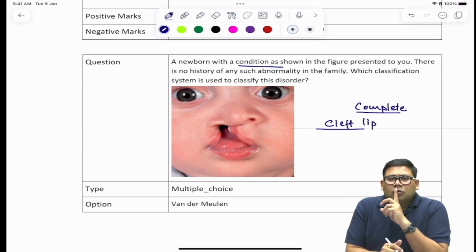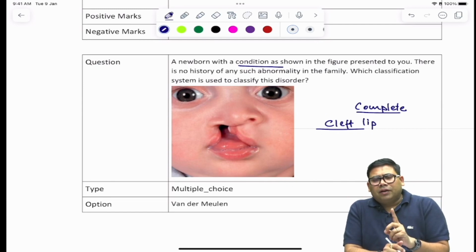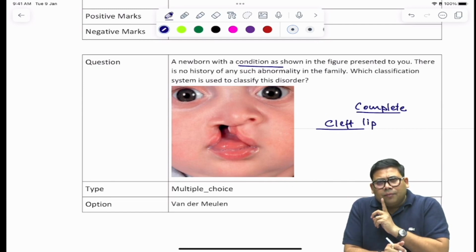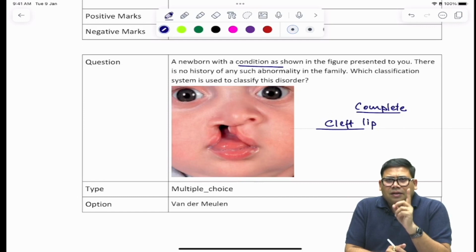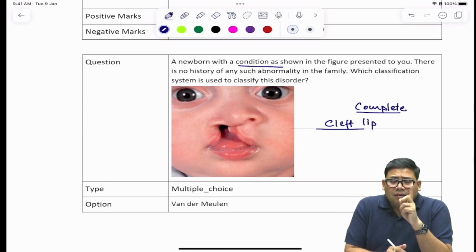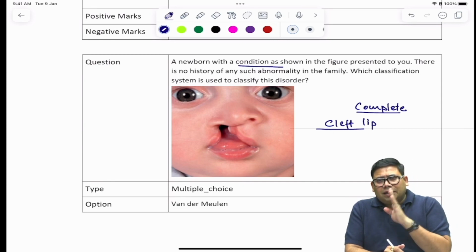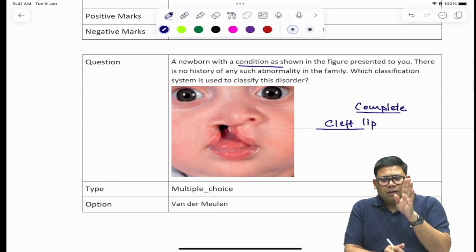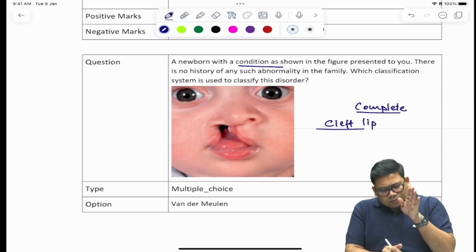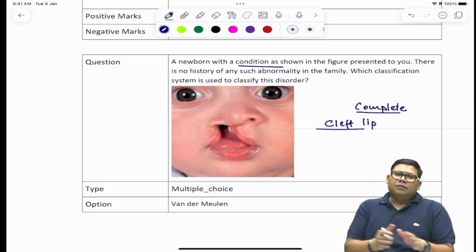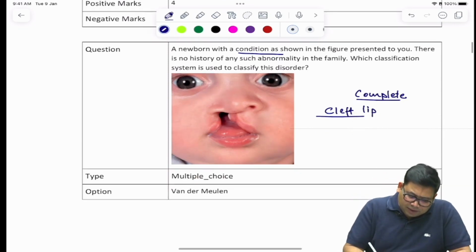A cleft lip which is not going into the nasal cavity is an incomplete cleft lip. A cleft which is communicating with the nasal cavity is known as a complete cleft lip. Most of the time, the entire primary palate is damaged here. That is the complete versus incomplete. So this is a complete cleft.